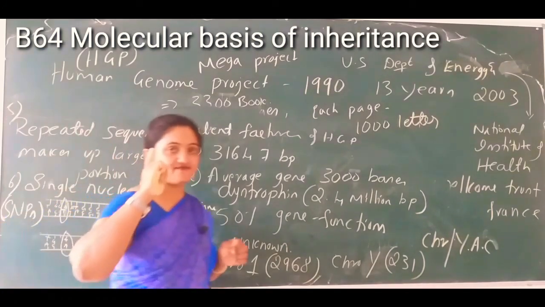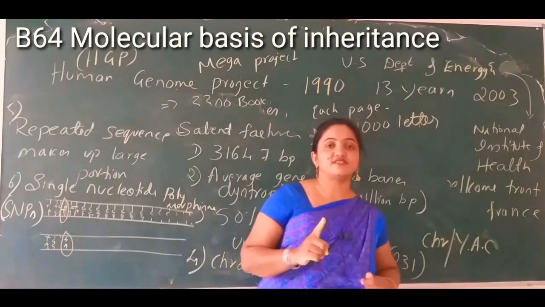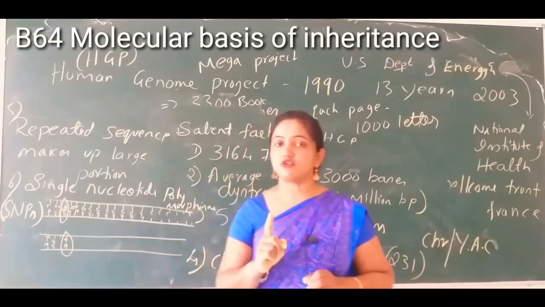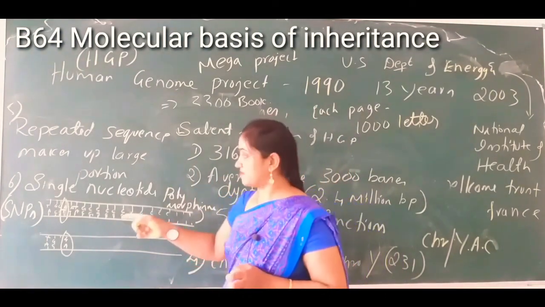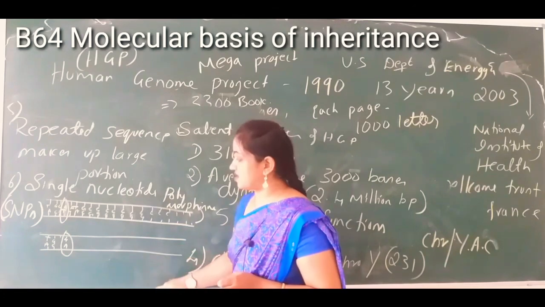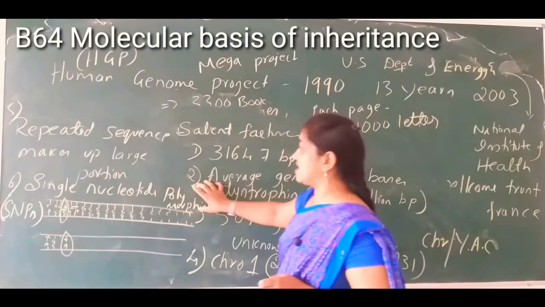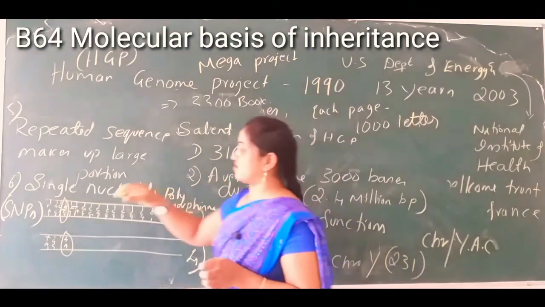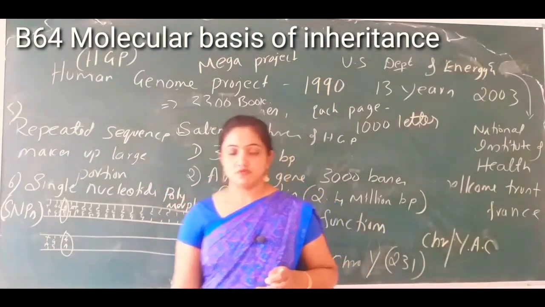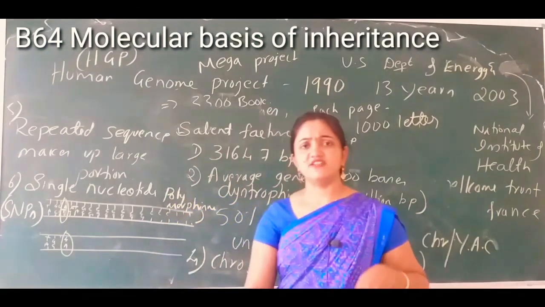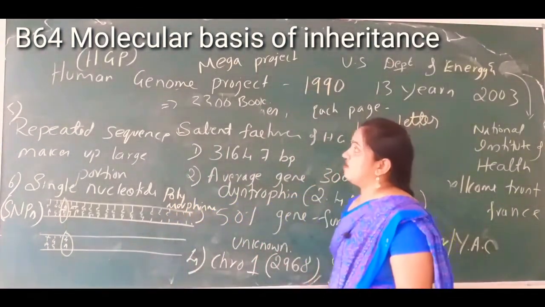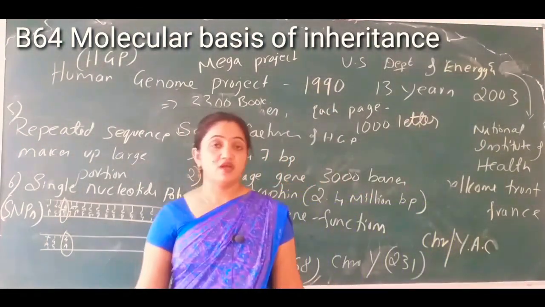SNPs have one difference in the nucleotide bases out of a number of strands. So these are the different salient features of the Human Genome Project.